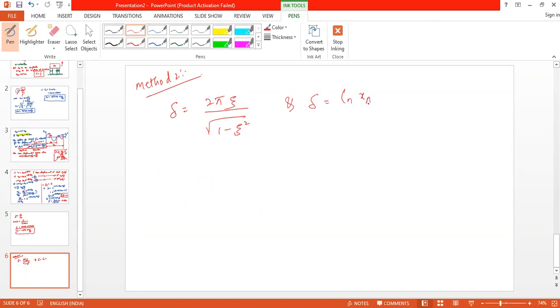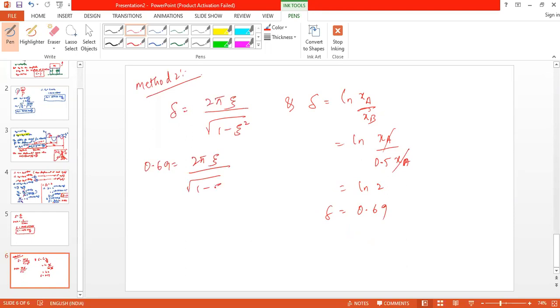Here XB is half of XA, so XA will get cancelled. So ln of 2, so delta is equal to ln 2, which is 0.69. If I substitute here, 0.69 is equal to 2 pi zeta divided by root of 1 minus zeta square. So what will be the answer?